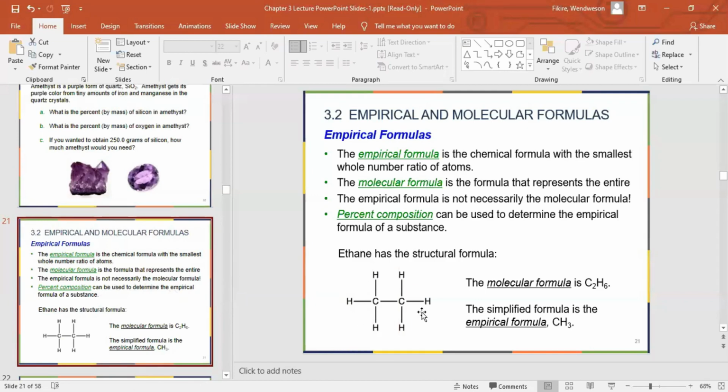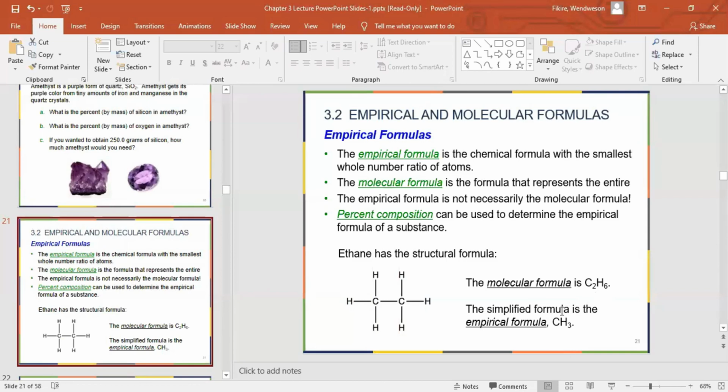We also have the structural formula, which shows how the atoms are connected to each other. For example, the molecular formula here is C2H6 because we have 2 carbon and 6 hydrogen. The empirical formula is the smallest whole number ratio, which is CH3. So that was the definition.